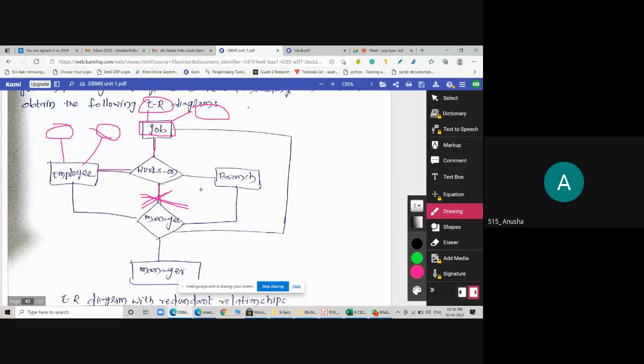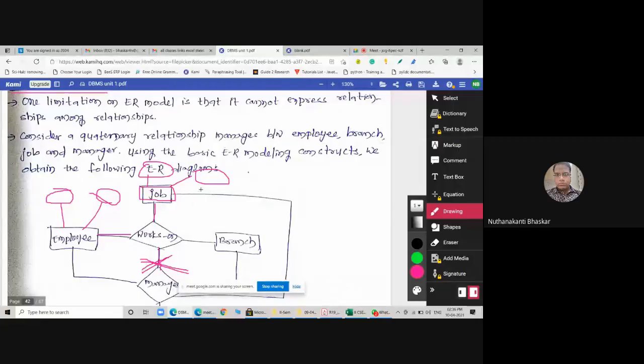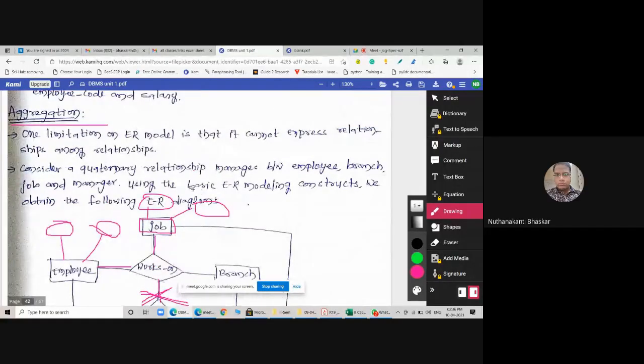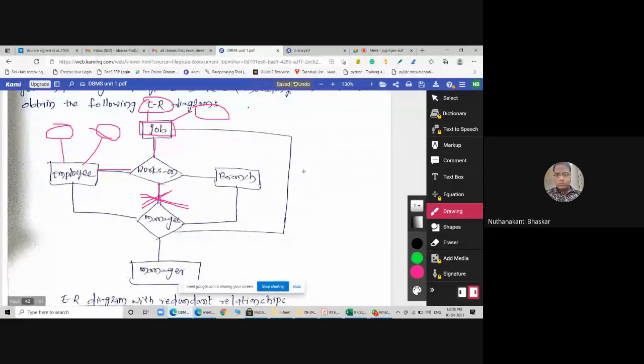Yes, sir. To avoid this problem in the ER model, there is a mechanism called aggregation. So what is the meaning of aggregation? I will tell you. Like the inheritance mechanism, here we have to define this complete conceptual design, this ER model, as one entity and connect it with manager.